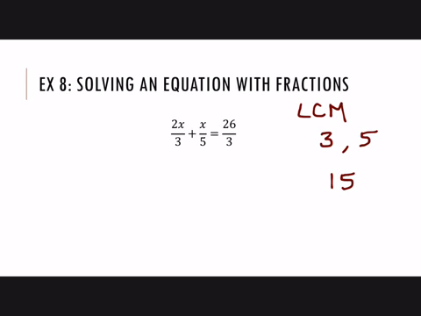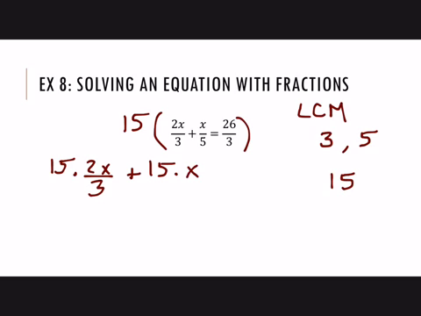Alright, so now if we multiply the entire equation by 15, or by 15 on both sides, then what we need to do is distribute that to each of the terms. So this is like 15 times 2x over 3, 15 times x over 5, and then 15 times 26 divided by 3.